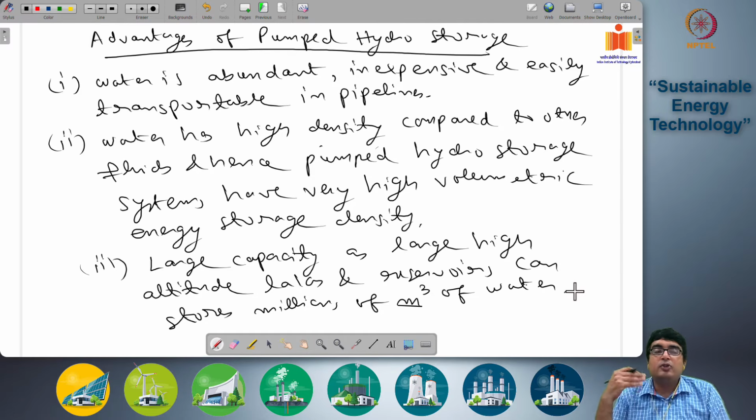Okay, so it has a very high capacity. A relatively large reservoir or a natural lake that is present in mountains will have a water storage capacity of millions of meter cubes. So you are getting energy storage capacities in terms of millions of gigajoules, even millions of kilojoules, millions of megajoules. Okay, so that makes it very ideal for a large capacity energy storage system.